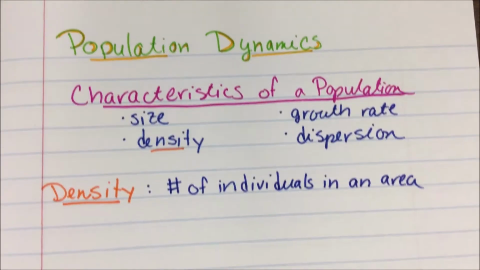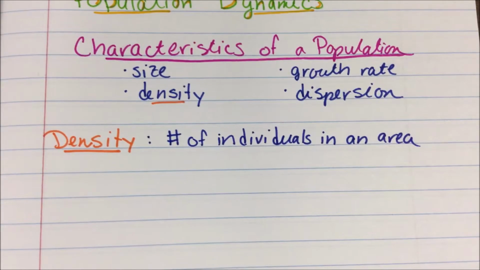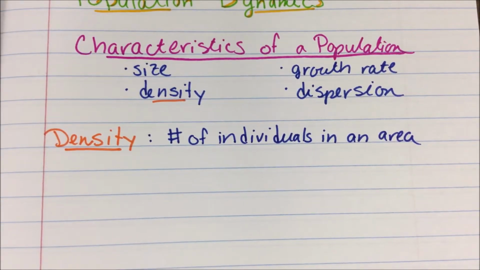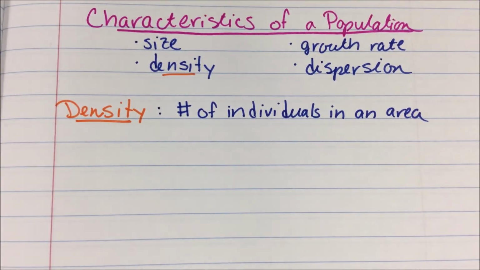This is a little bit different from size, because when we're talking about size, we're talking about whether it is a large population or a small population. Density is giving us exact numbers. With density, we have a couple of things that can control this. These are two vocab words you do need to be familiar with.